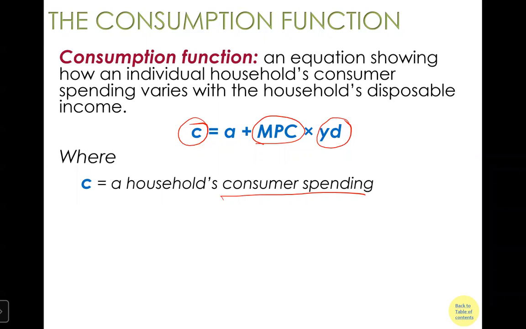For each dollar I earn, how much am I going to spend, right? So this is MPC. And then we have A, which is autonomous spending. That's essentially the amount I must spend even if I have zero income. That refers to the amount you must spend so that you can survive, right?